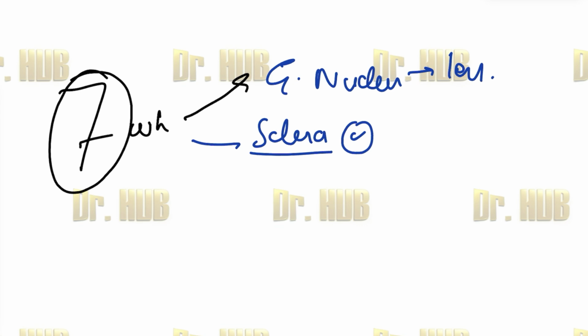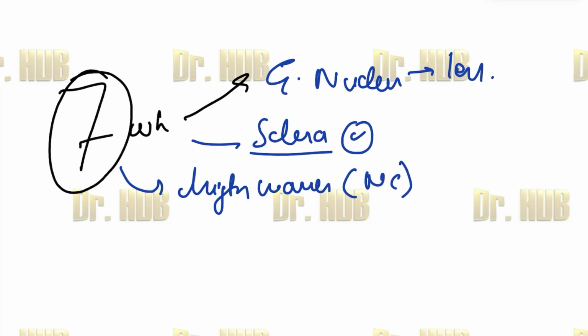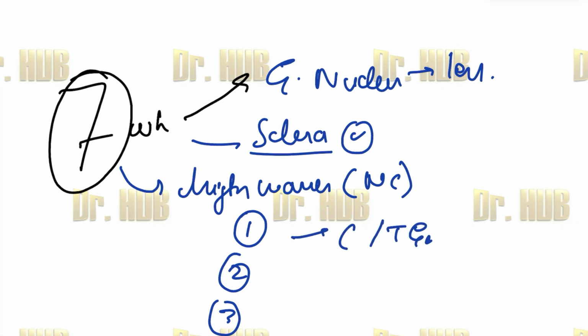Then there is migration of the waves of the neural crest (NC). There are 3 waves. Wave 1 leads to the corneal as well as the trabecular endothelium. Wave 2 leads to the corneal stroma. The 3rd wave leads to the iris stroma.